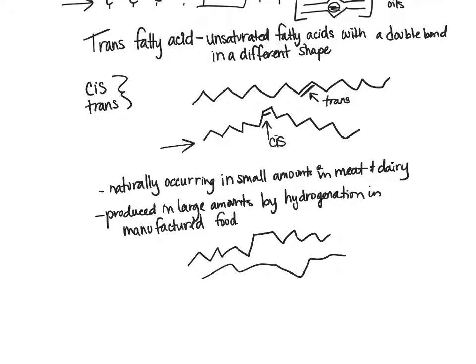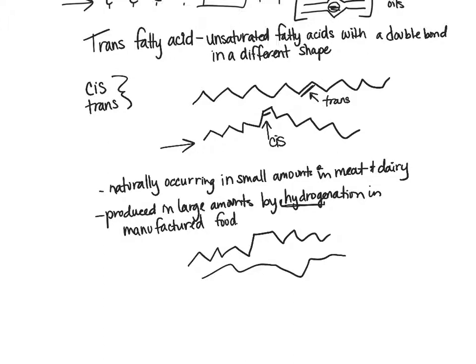But what food manufacturers have done is they have taken this cis formation, put it in a container, and bombarded it with hydrogens. This is why it's called hydrogenation. So they add lots of hydrogens to it.